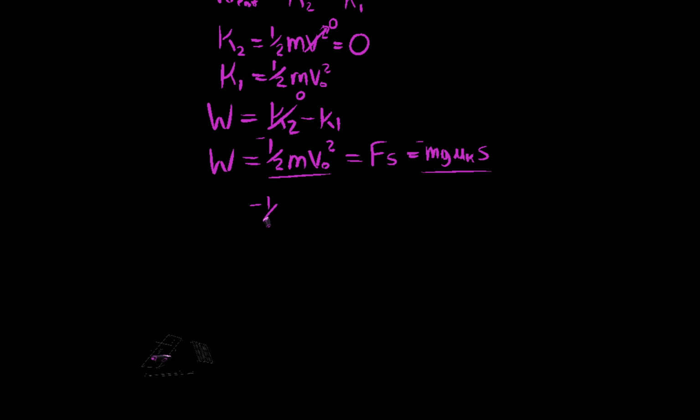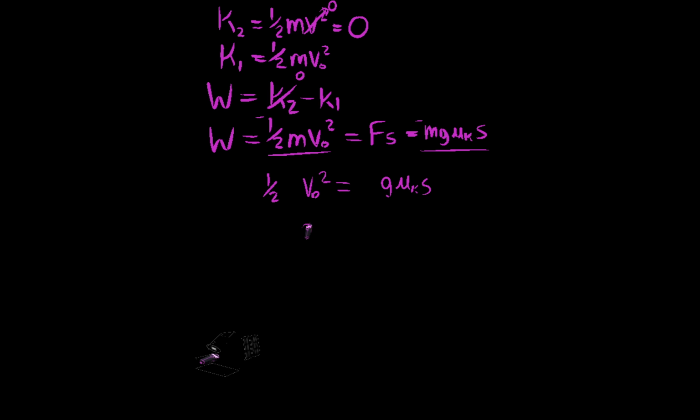So we have negative 1/2 mv naught squared is equal to negative mg mu sub k s. Well, there's a negative on both sides, so that goes away. There's also an m on both sides, so that goes away. And we're solving for s. So s is equal to 1/2 v naught squared over g mu sub k.